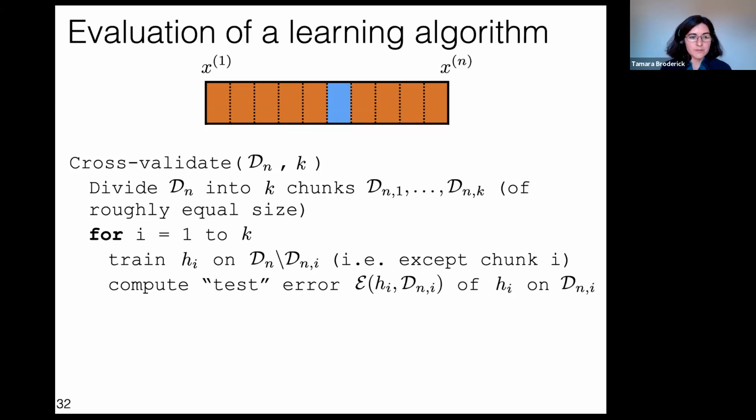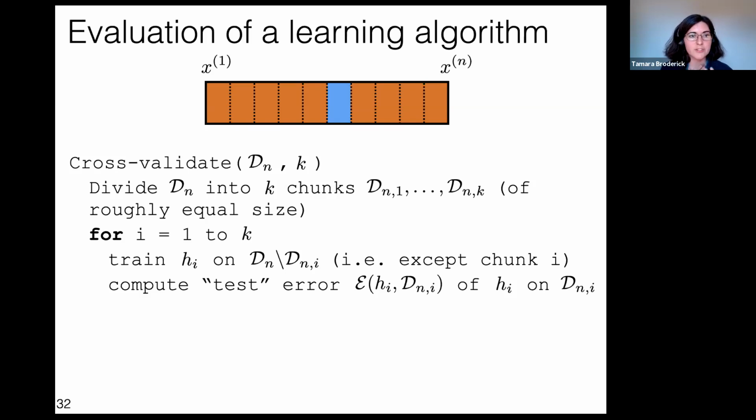Now we're going to compute test error. I'm putting test in quotes here because we had talked about test error as being on some new, totally different data that we had never seen before. Well, our learning algorithm hasn't seen this data, so we can think of it as being new to our learning algorithm. So we're going to compute the error on this new data, and the new data here is DNi.